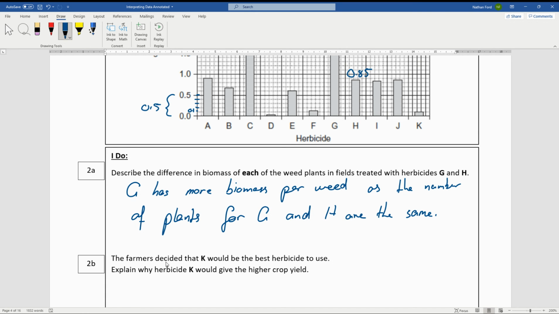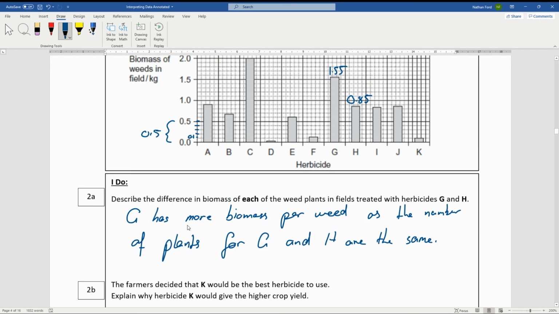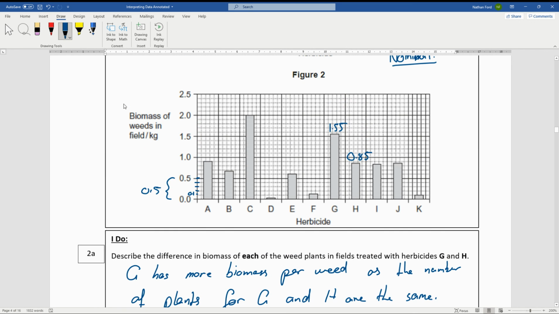Last but not least, the farmers decided that K would be the best herbicide to use. Explain why the herbicide K would give the higher crop yield. So let's have a look. The biomass of weeds in the field is actually less for D, so that can't be the reason why.